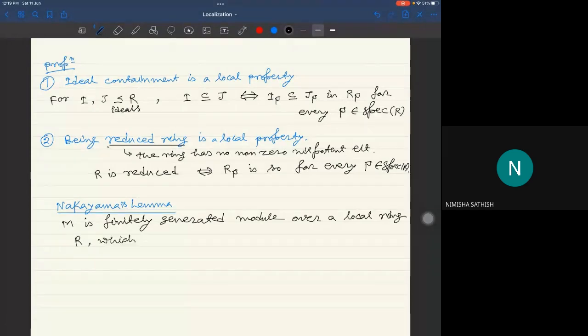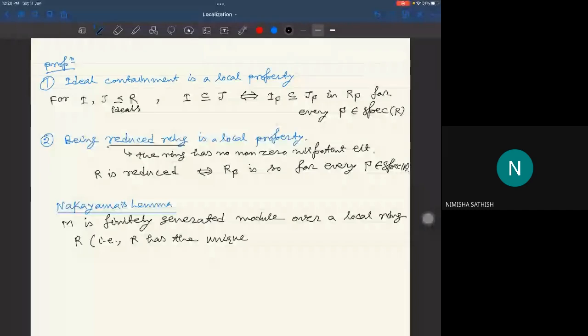And what is a local ring? Let me first define what a local ring is, and then how it is related to localization. A local ring is nothing but a ring with a unique maximal ideal.